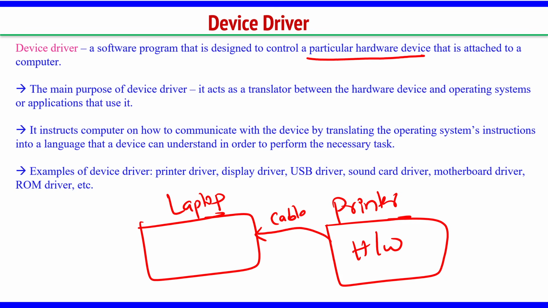Using a cable, I am connecting a printer with the laptop. So in my laptop, if I want to print something from my laptop, I need some software. Okay, right? That software should be common for both of them, laptop and the printer.